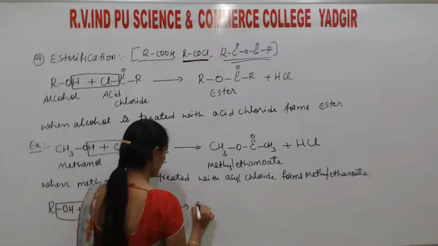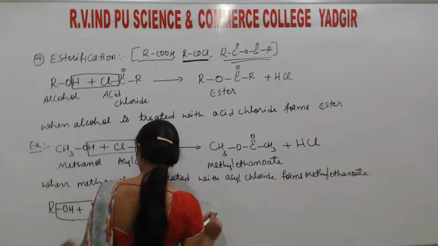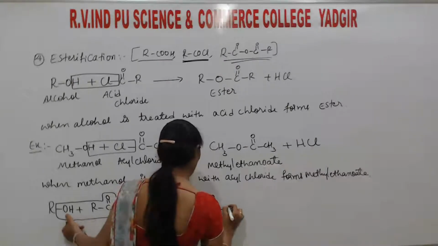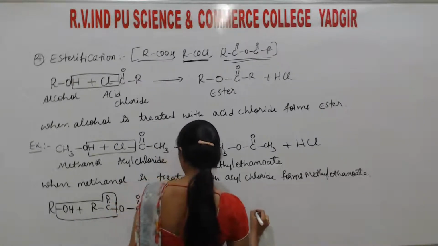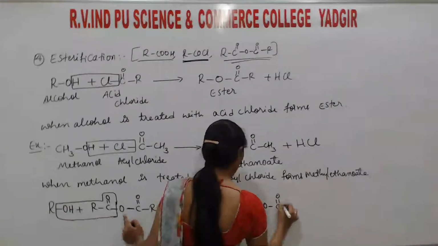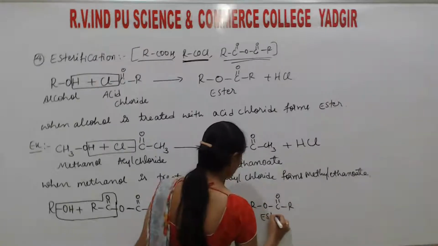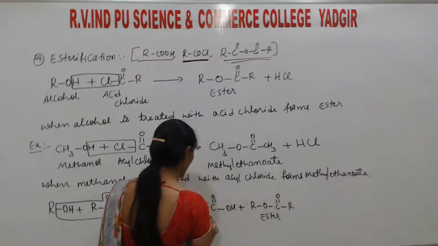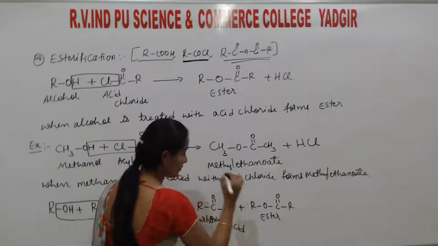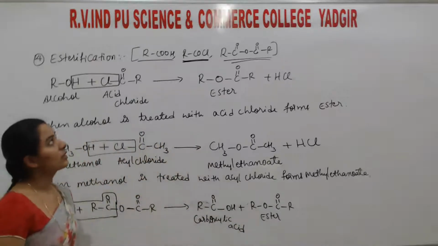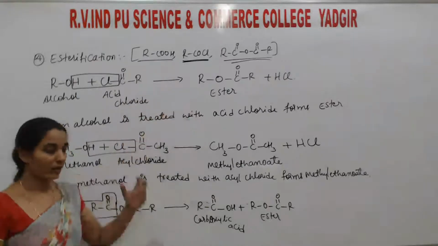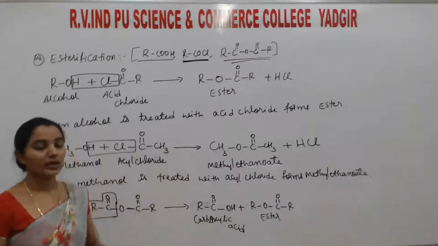So here it is C. This one is R C double bond O. Here it is bonded with OH, plus this one is R O C double bond O. So this one is ester. This one is carboxylic acid. So no matter whether it is acid chloride or acid anhydride, what reaction do they undergo?